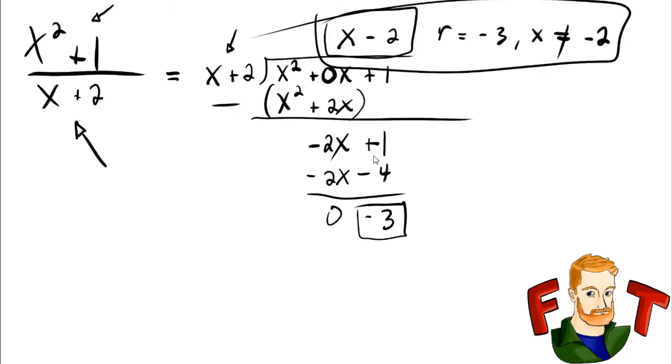So then x plus 2 then goes into, I should be marking this up. So that one's correct. x goes into here, negative 2x, negative 2 times, so that's correct.